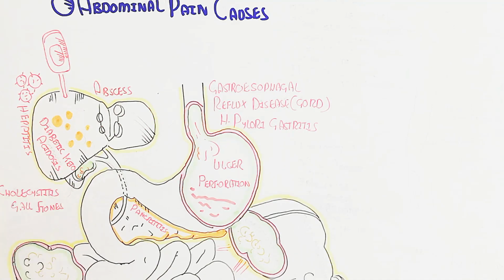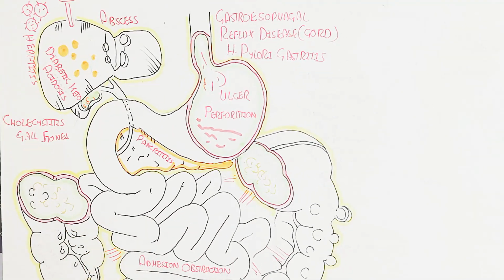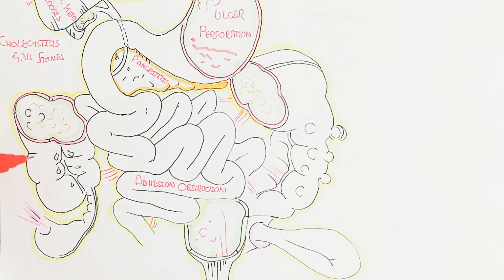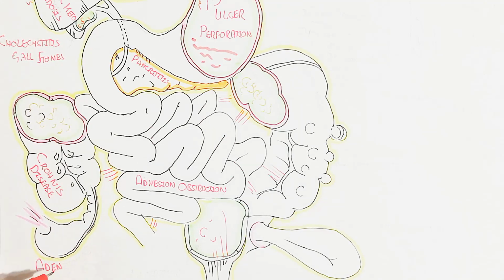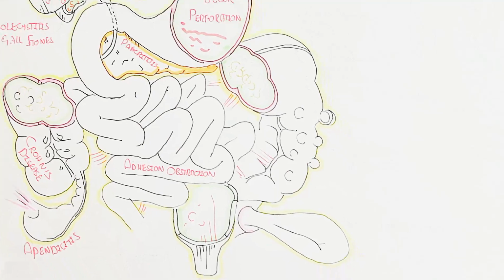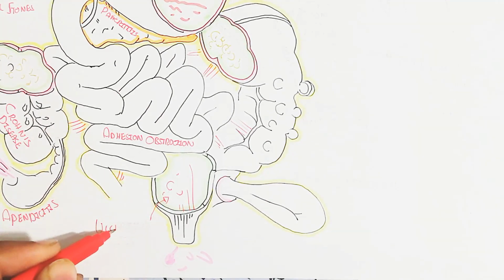Cholecystitis and gallbladder stones, gallstones, will also lead to complications related to the abdomen. Crohn's disease in the large intestine, and appendicitis due to rupture of the appendix or infection in the appendix.